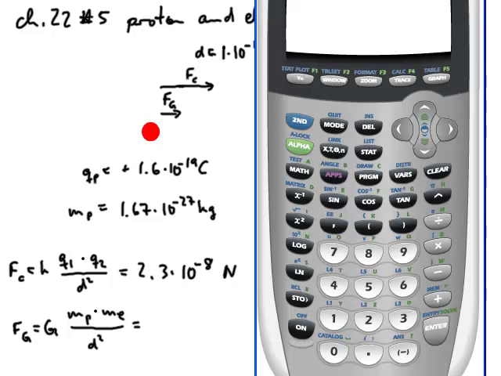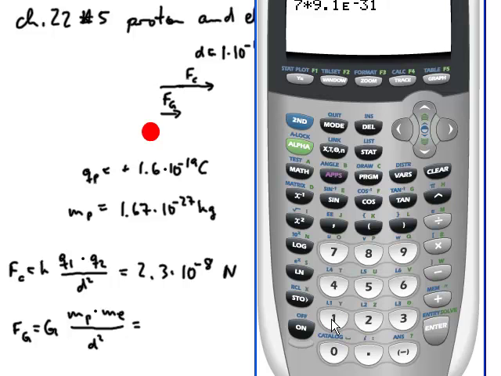And then I do the same for the gravitational law, so it's going to be 6.67 times 10 to the negative 11 times the mass of the proton, 1.67 times 10 to the negative 27, times the mass of the electron, 9.1 times 10 to the negative 31.